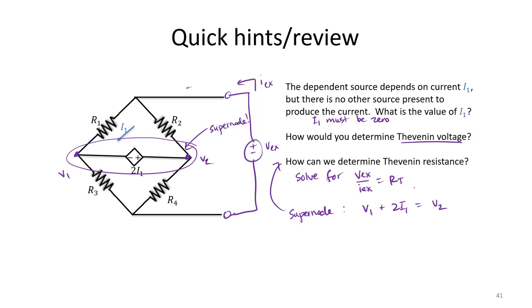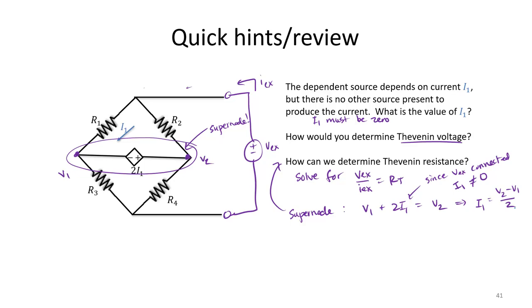And in this case, since I have an external source VEX connected, I cannot assume that I1 is 0 anymore, because there is some current IEX being sent into my circuit, so I have to consider my current I1 for my Thevenin resistance calculation. If I rearrange, I can determine that my current I1 can be given by V2 minus V1 divided by 2.